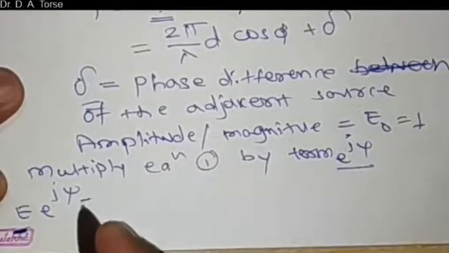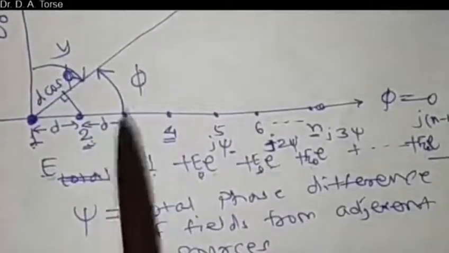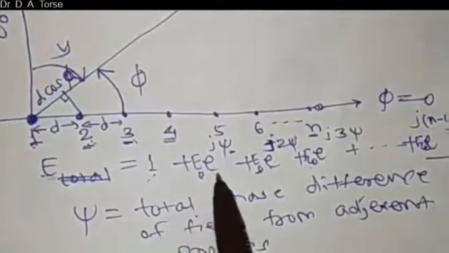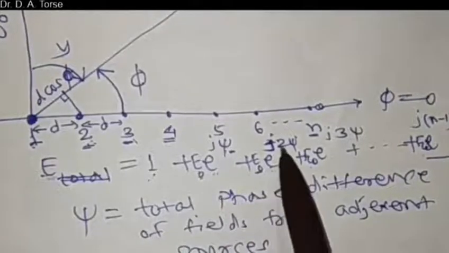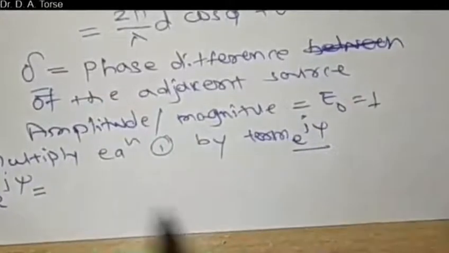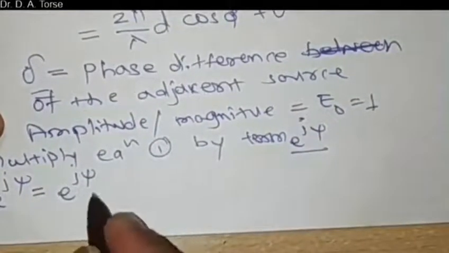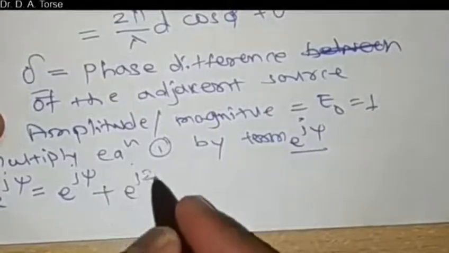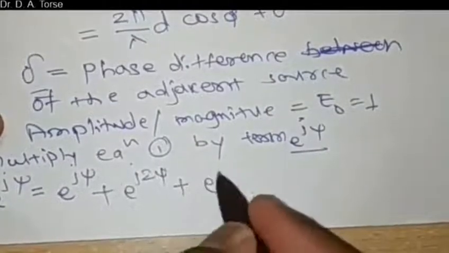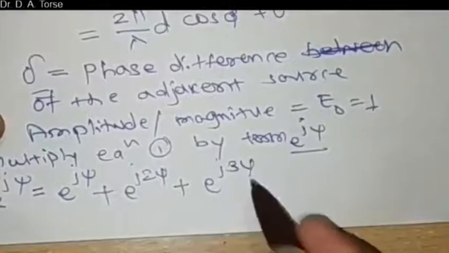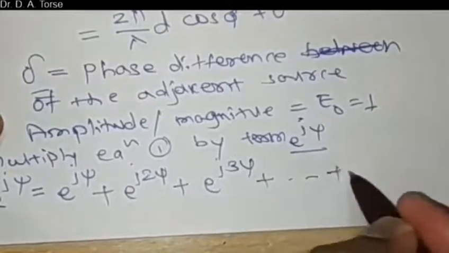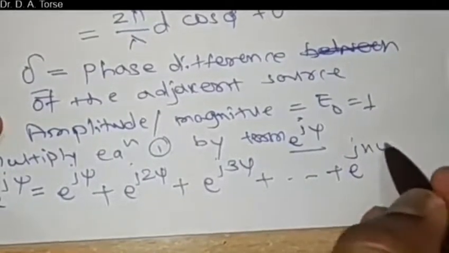Next, in place of 1, you can see this equation once again if you want. It is 1 plus e to the power j psi plus e to the power j2 psi and so on. So if we multiply it by e to the power j psi, the first term will become e to the power j psi plus e to the power j2 psi plus e to the power j3 psi, so on up to e to the power jn psi.